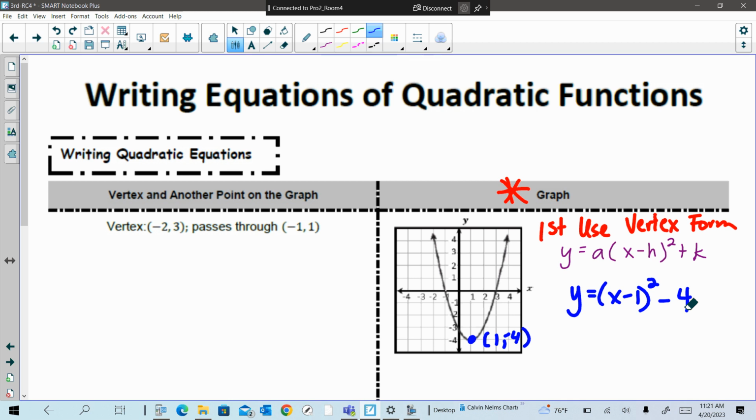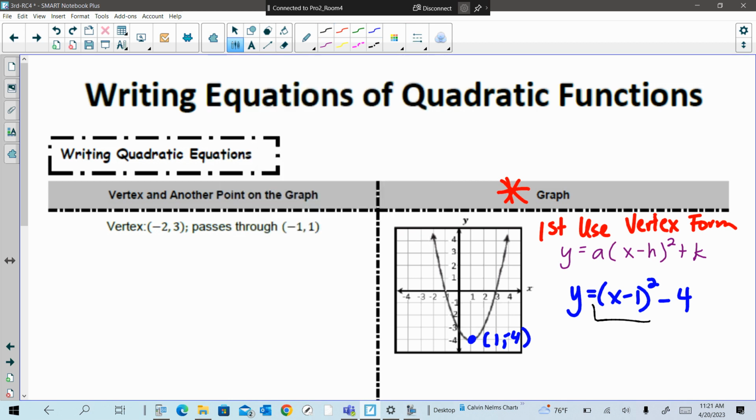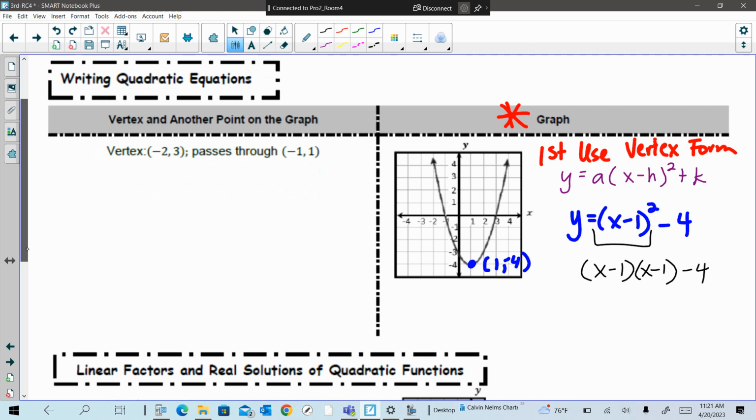Okay. All right, so then we would do what? We would expand it. We go through the same steps, which will require us to expand this first. Remember, that would be x minus 1 written twice, then minus 4. All right, then we'll FOIL.